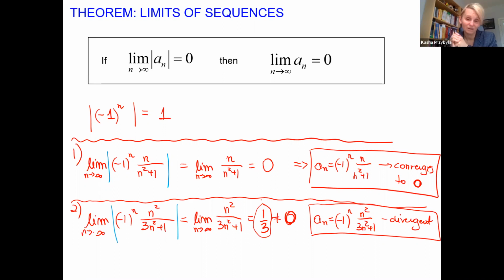The sequence is divergent. Please remember, as soon as you see a finite number, you will want to circle the answer, oh, it's convergent to 1/3. No, because the original thing was alternating. 0 is fine, because 0 means we still have positive and negative, but it's like a snake, getting closer and closer to 0. That's how we will use this theorem.